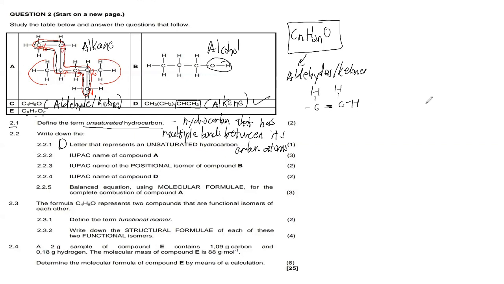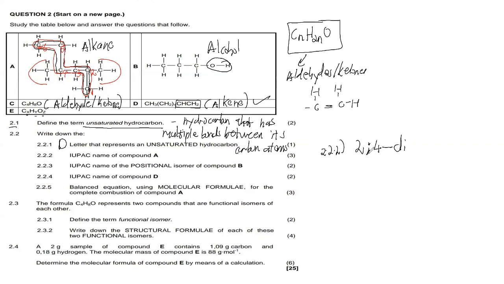So naming this, we will have to indicate the positions of the methyl branches. So that's 2, 4, with a hyphen, and then di.